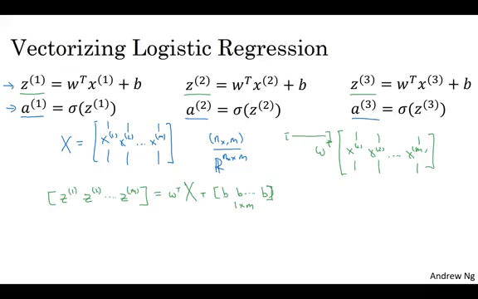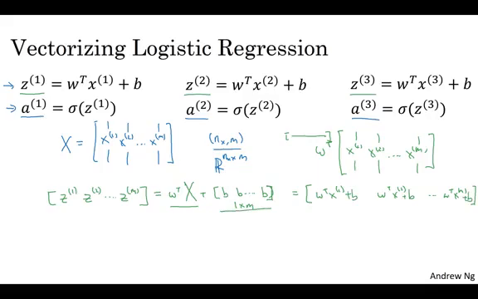So this first term will evaluate to W transpose x1, W transpose x2, and so on, W transpose xm. And then when you add this second term, b, b, b, and so on, you end up adding b to each element.